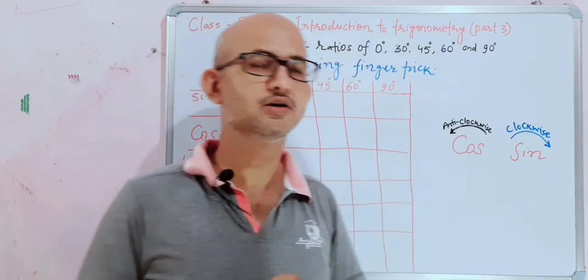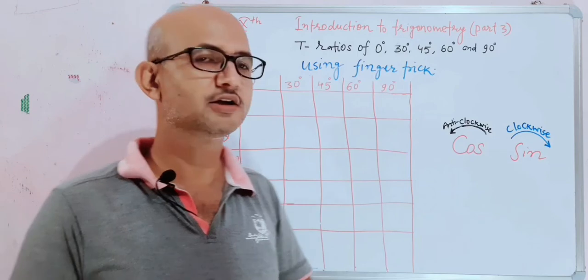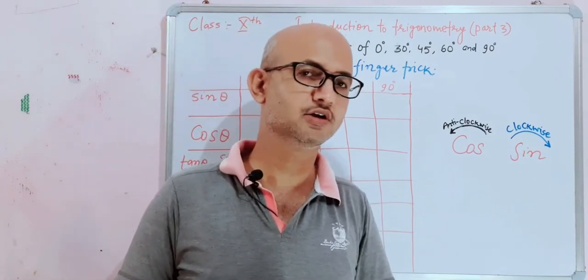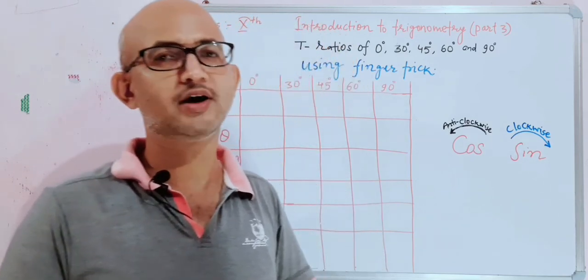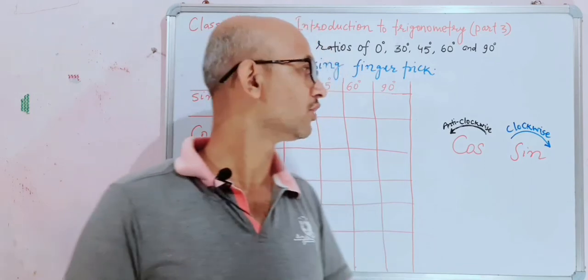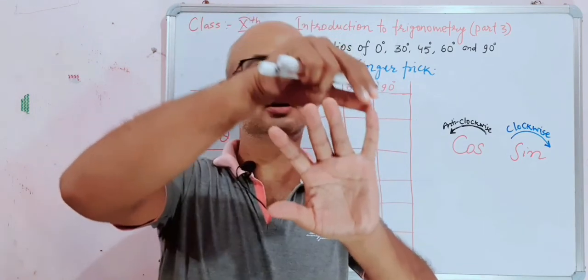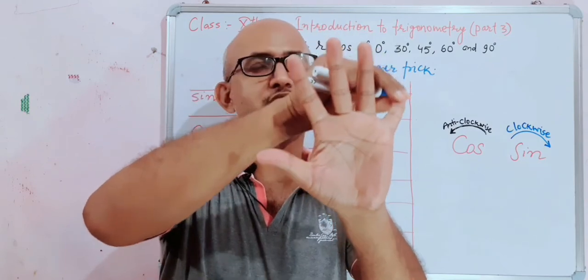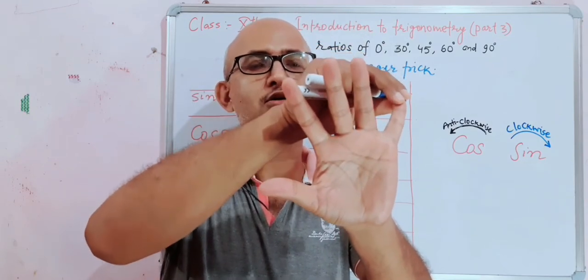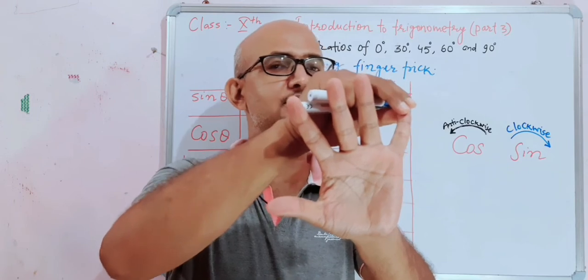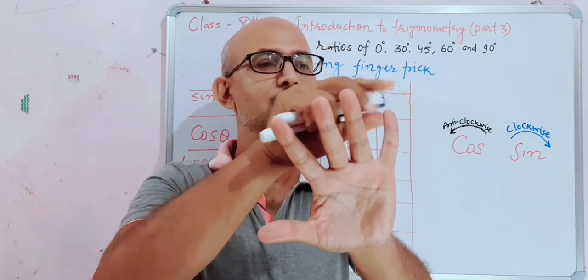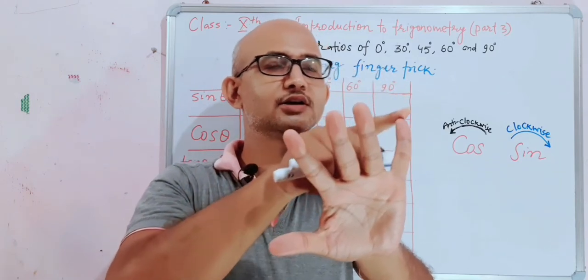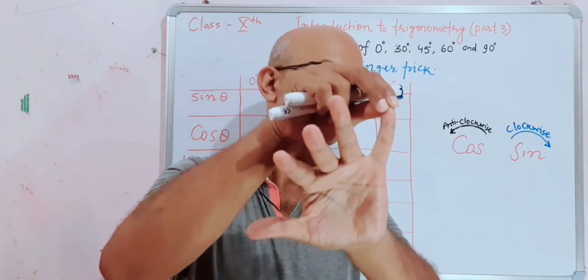First we find value of sine and cos of 0 degree. To find value of sine and cos of 0 degree, hold the finger marked as 0. This finger has been marked as 0. Hold it. Now to find sine 0, we move in clockwise direction of this finger.